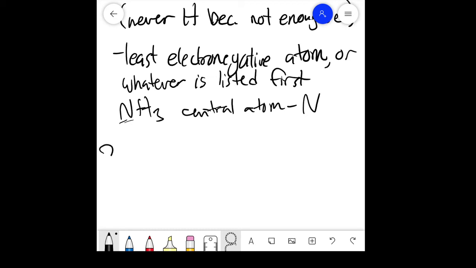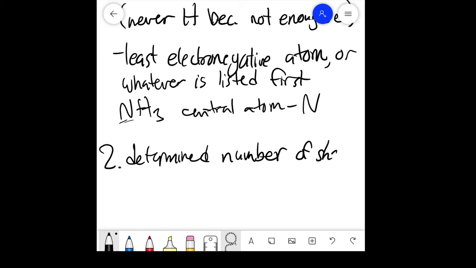So now our second step is to determine the number of shared electrons, or pairs, or bonds.